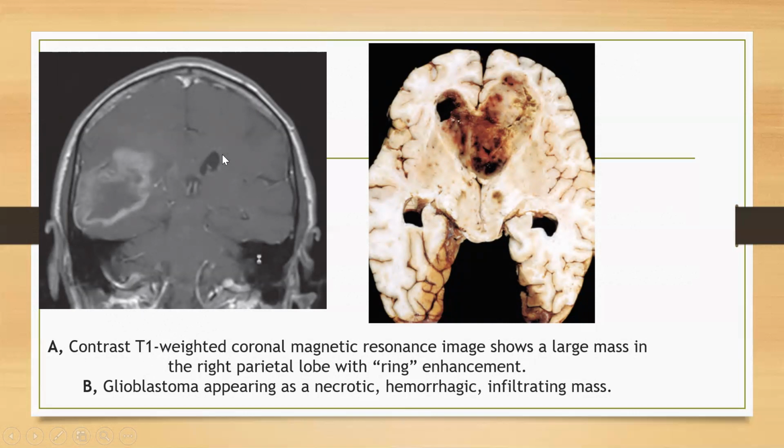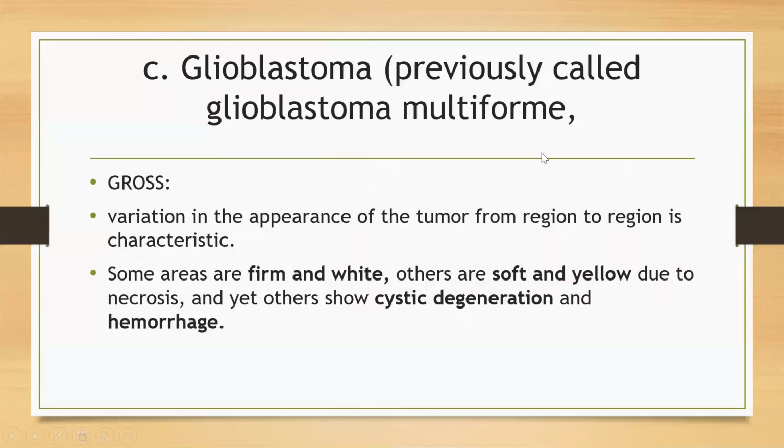In T1 weighted MRI, the liquid is seen in dark color and fat is in bright color. So you can see here in the right parietal lobe, glioblastoma appearing as a necrotic, hemorrhagic, infiltrating mass.